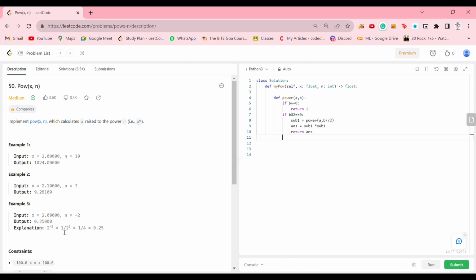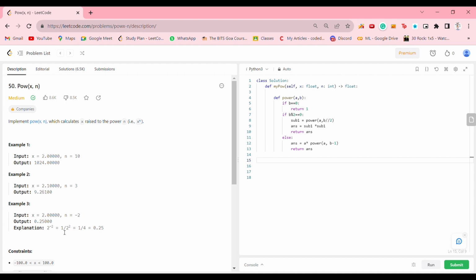If b is odd, on the other hand, we have the simple recursive relation that we've described twice now, which is just that the answer is going to be a times the power of a comma b minus 1, right? And then we can simply return answer. So that's our whole binary exponentiation recursive function, the recursive helper function which we'll use.